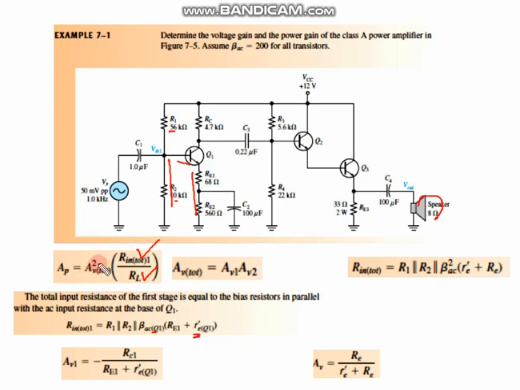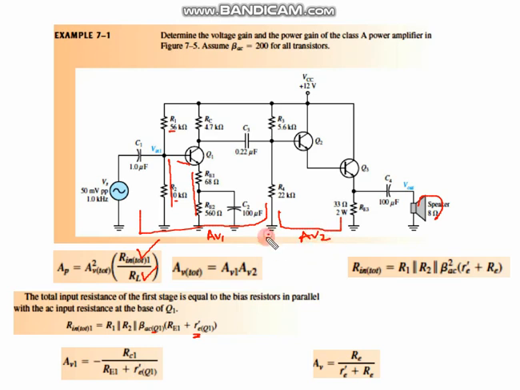Now remember, we have two active devices, two types of transistor. One is our common emitter, and the other is the Darlington pair. So from here I need to first calculate the gain of this, which I can call AV1, and then I can call this AV2.